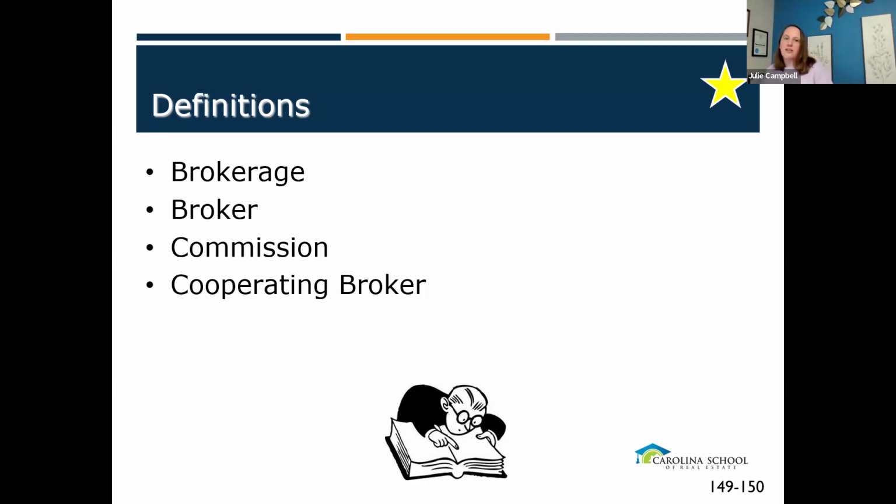We are bringing people together for the common purpose of this transaction. The broker is the individual. In North Carolina, we are all brokers. Some states use a sales associate. In North Carolina, we are all brokers. What we have is different classifications, different levels of brokers. We will talk about those levels as we go.